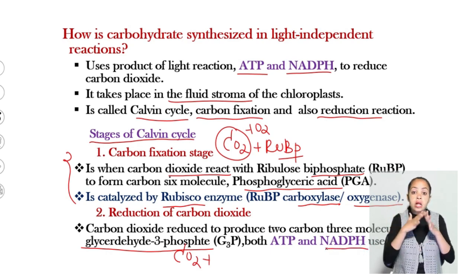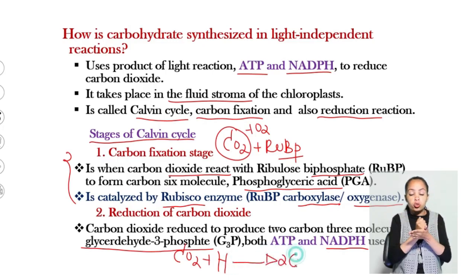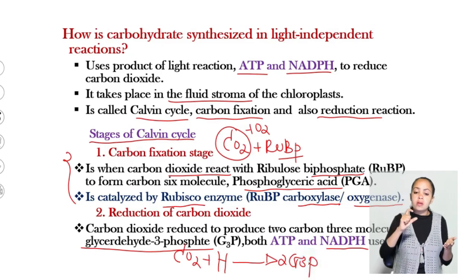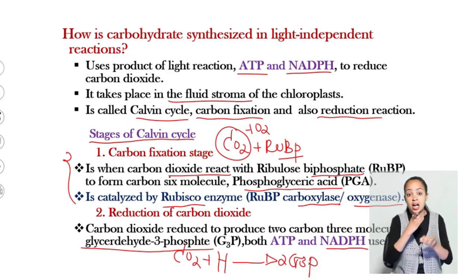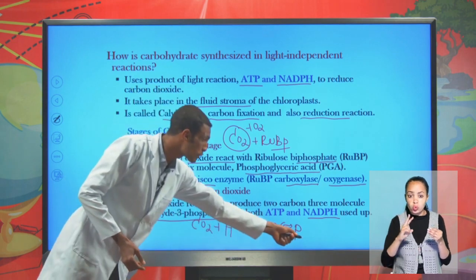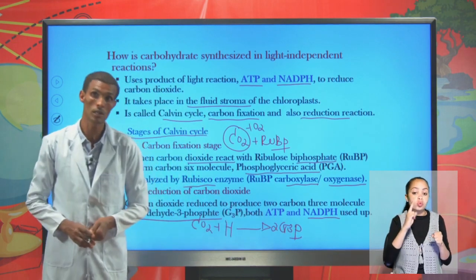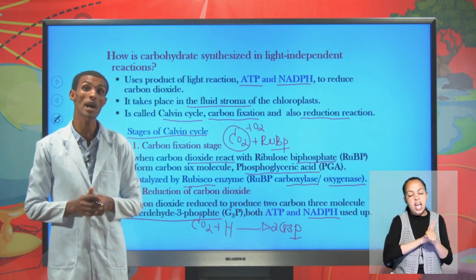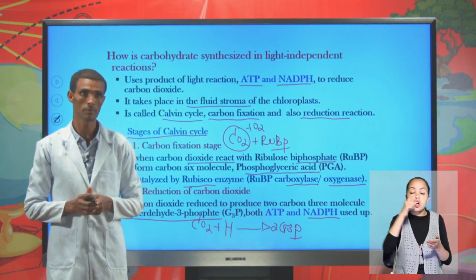There is a proton here. This is very important in the production of two glyceraldehyde 3-phosphate molecules, which is enough for the production of one glucose molecule.